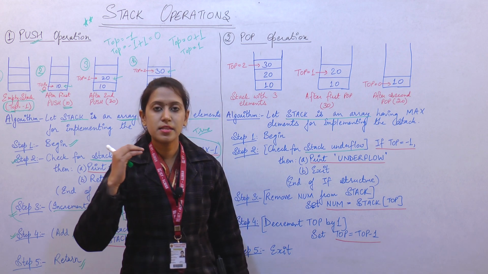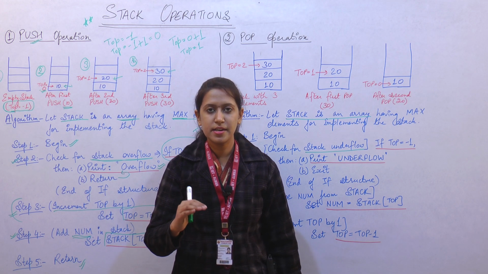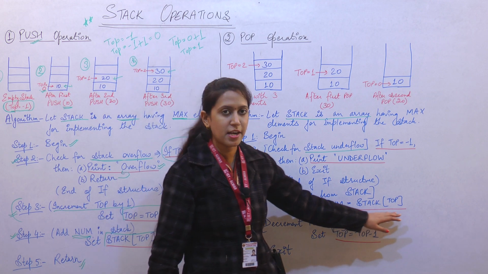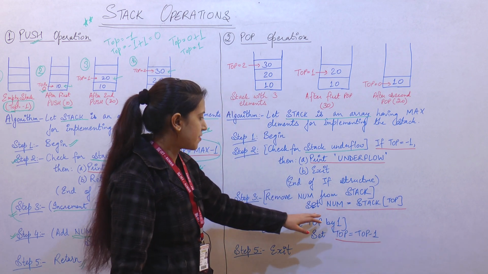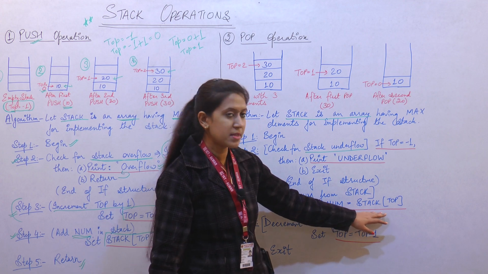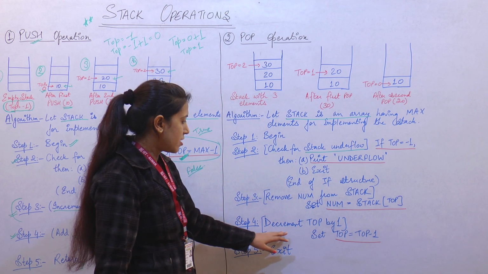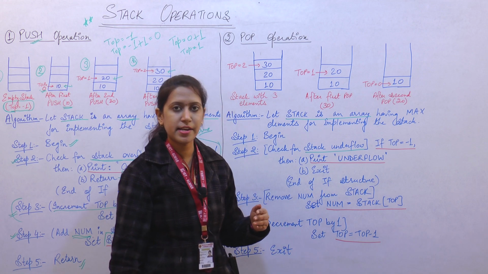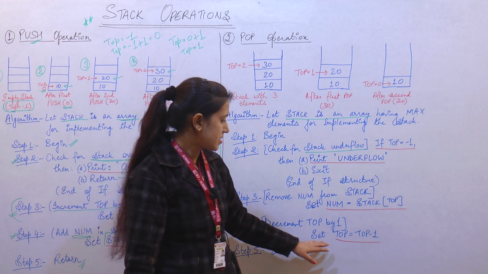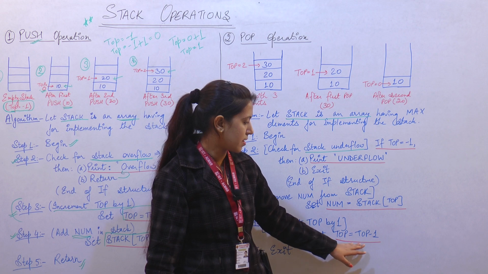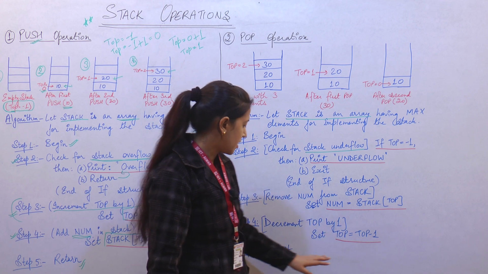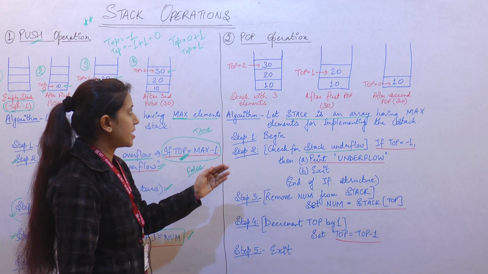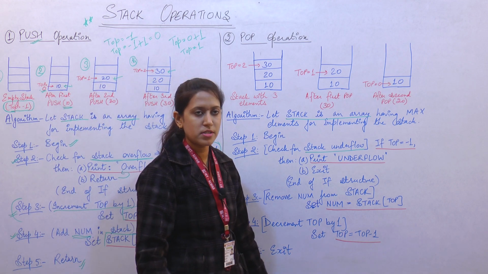That means the number that we will remove will be taken from the stack top. After the number is removed from the stack top, the value of top will decrement by 1, so we will set top equals top -1, and after that our program will exit. So in this way we can implement pop operation on stack.